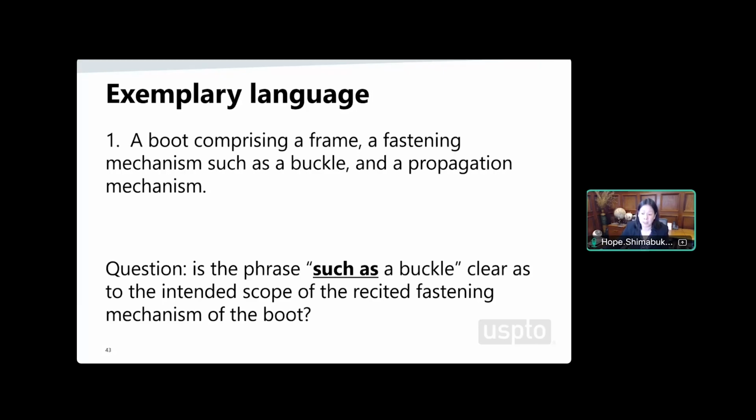If the applicant defines the fastening mechanism to be a buckle, and that's really what they wanted it to be, then it would be better written to say a fastening mechanism comprising a buckle, because we then know that it is actually a buckle. But when you add the words "such as," you render the claim indefinite because it doesn't really narrow down the claim.